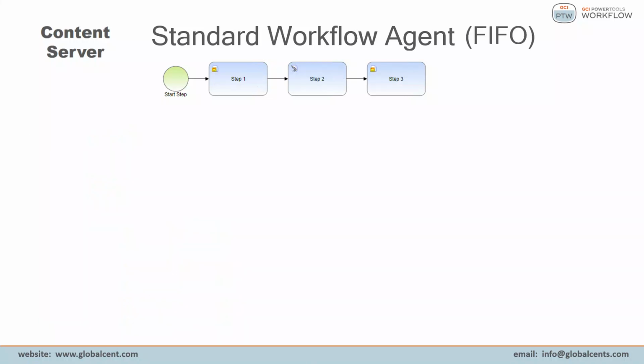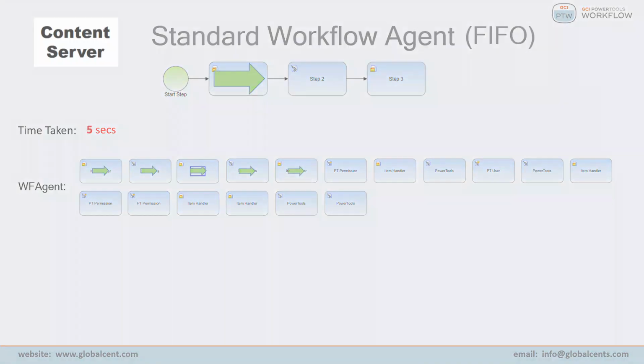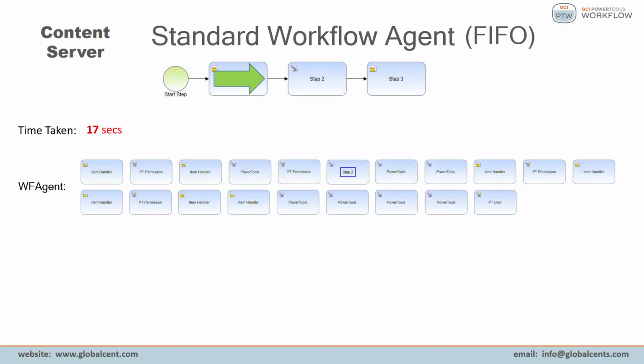The workflow agent can also operate in first in, first out mode. In this mode, the workflow agent does all the processing. This one agent picks up all steps waiting to be processed, and then processes them one by one. The agent then searches again for steps and processes them.